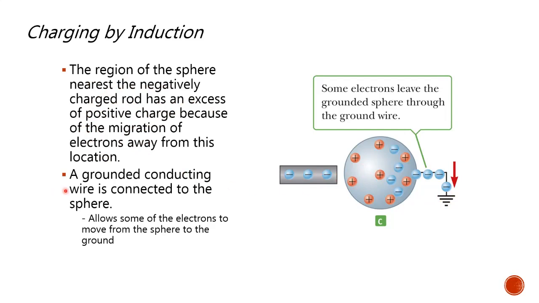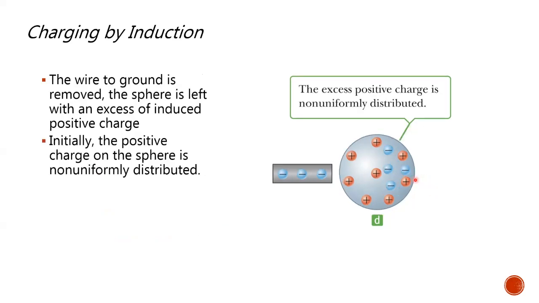If there is a conducting wire connected to the sphere and buried in the earth, so it's grounded, it allows some of the electrons to move from the sphere to the ground. So the excess positive charge is non-uniformly distributed.